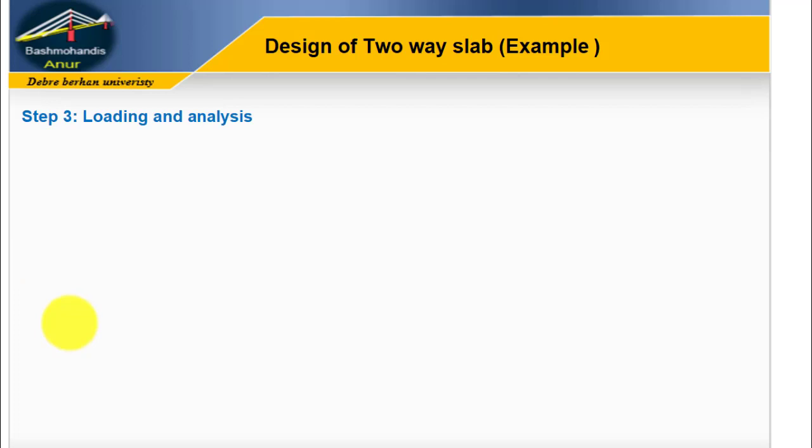Okay, step 3 is loading and analysis. Okay? Design load. Self-weight of the slab: slab self-weight equals thickness of the slab times the unit weight of the concrete. Thickness of the slab equals 0.16 meter times 25 kilonewton per meter cube.